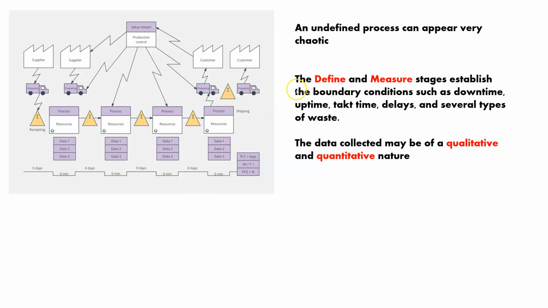In the define and measure stages, you've established basically the boundary conditions. You know what everything is, you've got numbers assigned to it, and you know what everything is doing and why it's there. You've got the takt time, the amount of uptime, any delays, and any type of waste you should have been able to see from your initial Gemba walk. A lot of the data you're collecting is going to come in two forms.